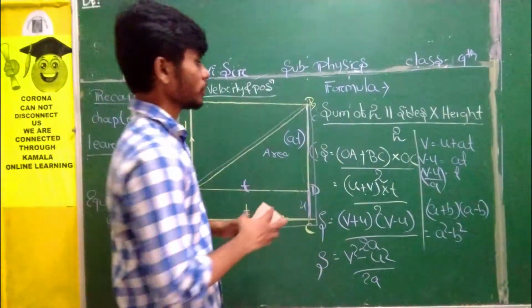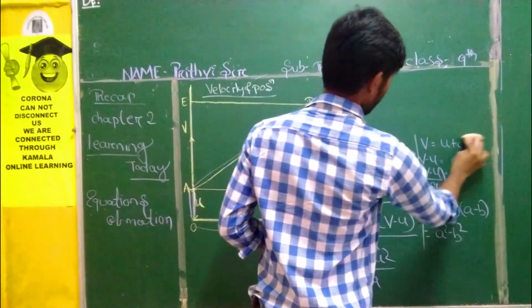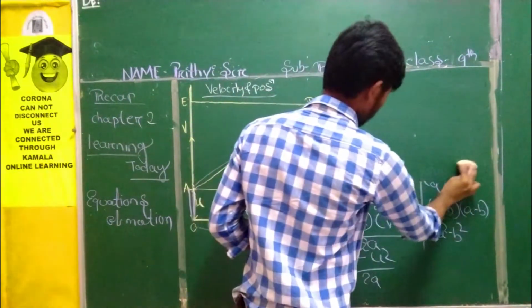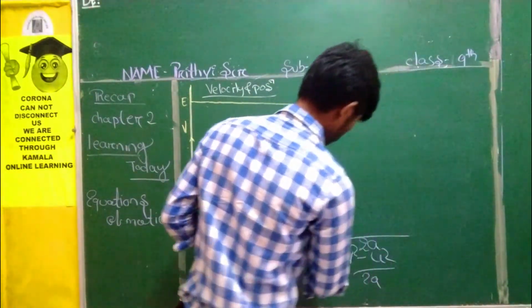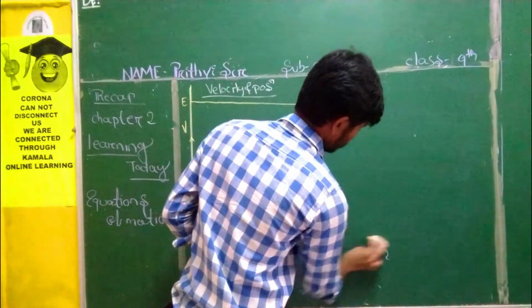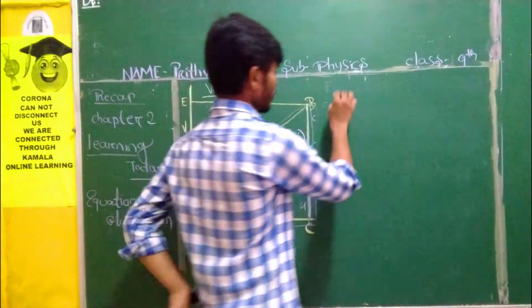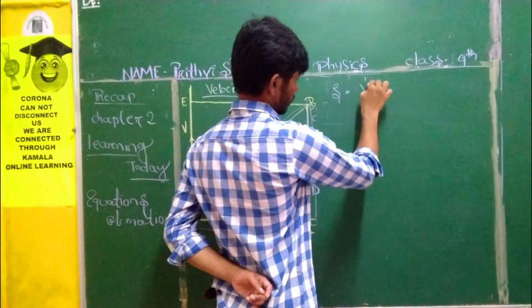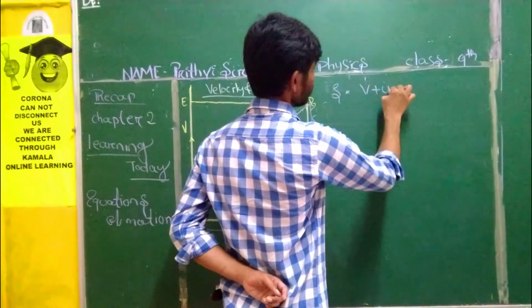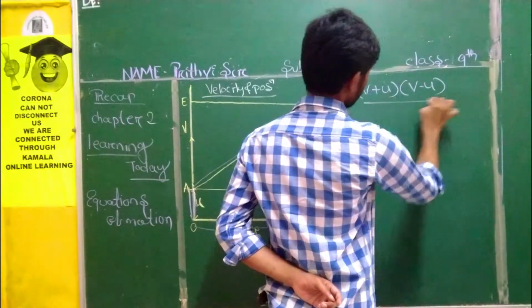Let me erase the formula derivation on the top side. I hope you are all writing this step by step, going along with me. I'll write the last line again. We got S is equal to (V plus U) into (V minus U) by 2A.